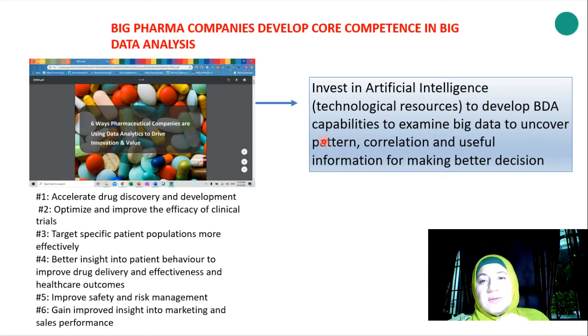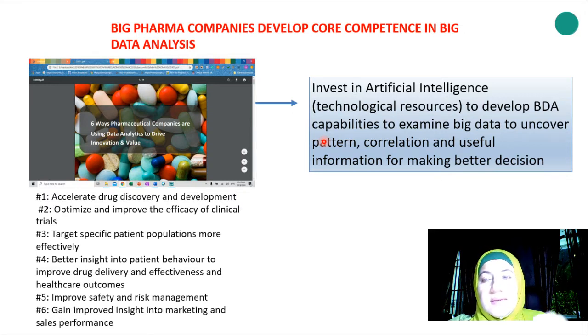How they develop the core competency in big data analysis is that they need to utilize technological resources. Therefore, they have invested in artificial intelligence.